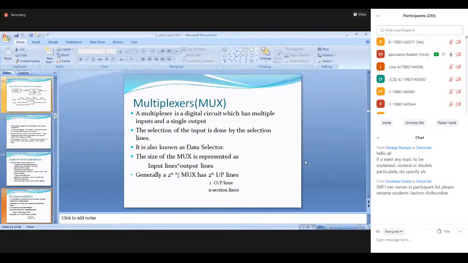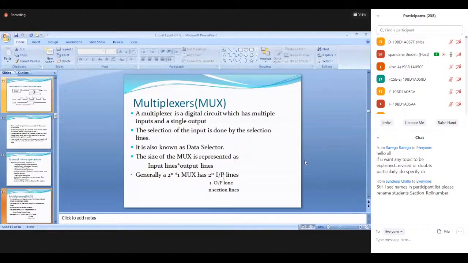Because the multiplexer takes multiple inputs, and from those only one input is selected as the output. Which input line is to be selected is decided by the selection line. So if the number of input lines is 2 power n, then the number of selection lines will be n.